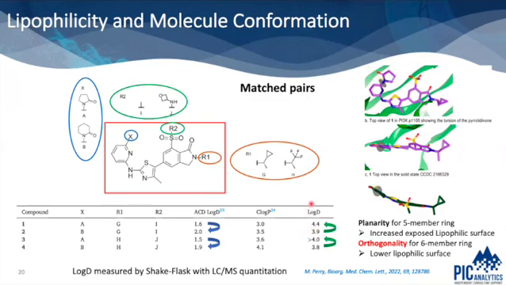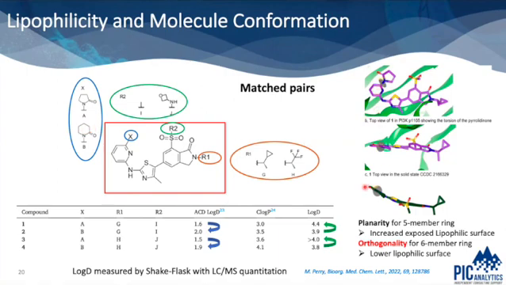And when they went further, they explained this by the conformation of the molecule, the compound with the 5-member rings having some planarity compared to the one with 6-member rings that has more orthogonality.